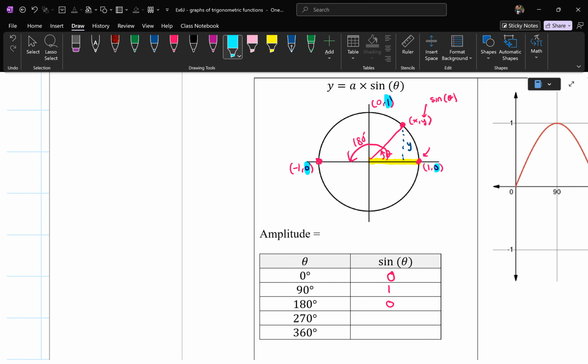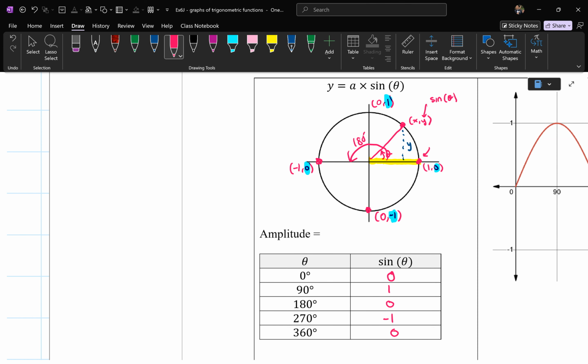And then at 180 degrees, if I went to 270 degrees, negative 1. So right here, that's a length of 1, but it's in the negative region. So I know at this point, this is now 0, negative 1, and I'm only interested in the Y value, and that is now negative 1. From 270 degrees, I rotate another quarter, and I make a 360 degree turn, and it brings me back to 0.